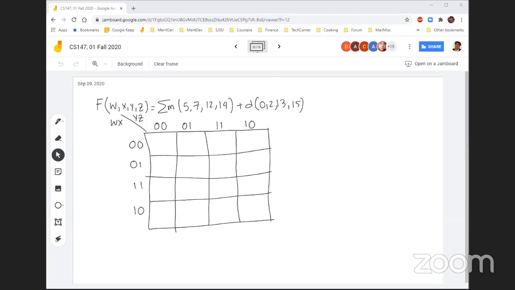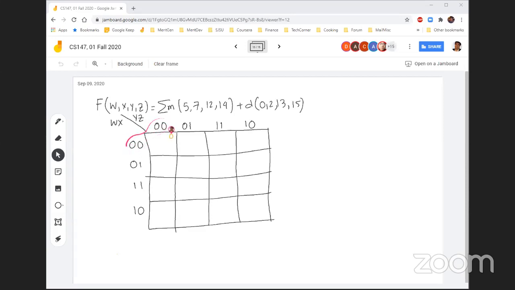And then, to make manipulation easy, let's put the decimal indices on these cells. For example, we combine row 0 0 and column 0 0. That becomes 0.